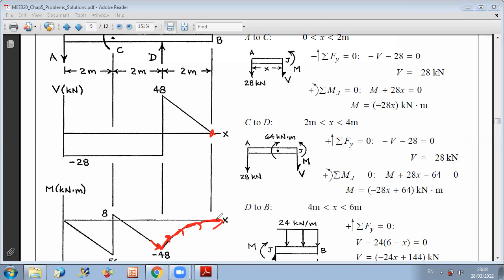Now you can also verify that M should end at 0 at the end of the beam, because, as we discussed, at extremities, if you don't have a couple or a fixity, so you just have a roller, a pin, or nothing, or you have a concentrated force, none of these lead to a couple.